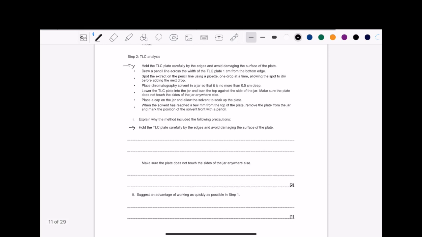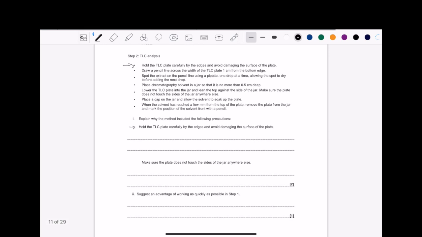So why don't you want it to touch the sides of the jar? So imagine this. This is your jar, then this is your lid, and then this is your TLC plate. And now it's asking you, well, why don't you want this? Ooh, maybe that's not a good idea, but why do you not want it to look like that? So we have a TLC plate here touching this side, okay?